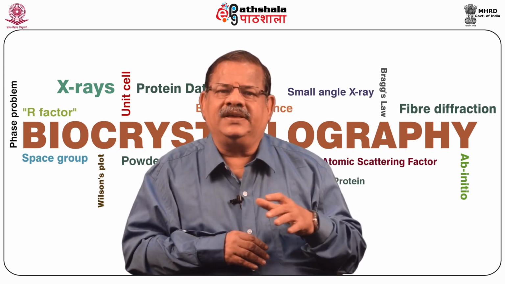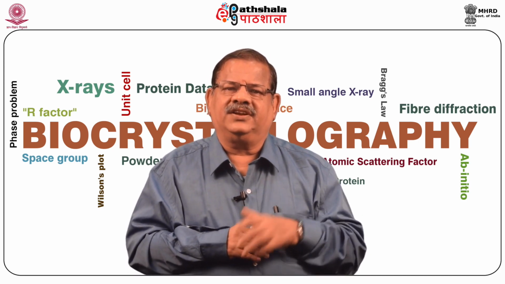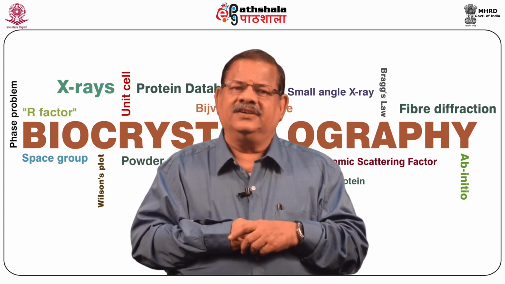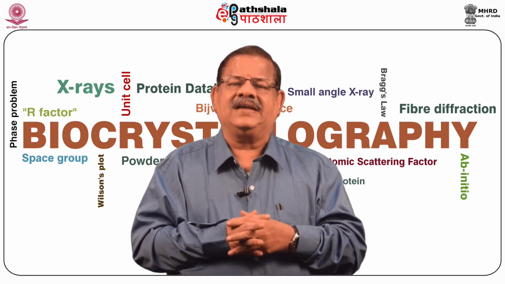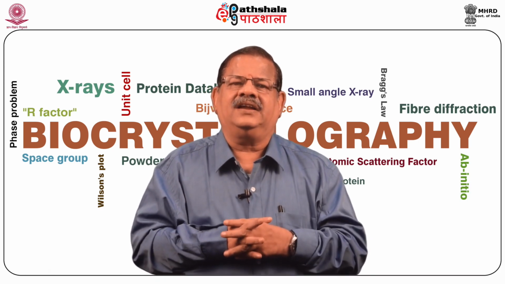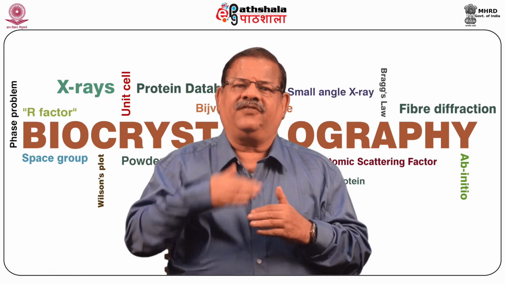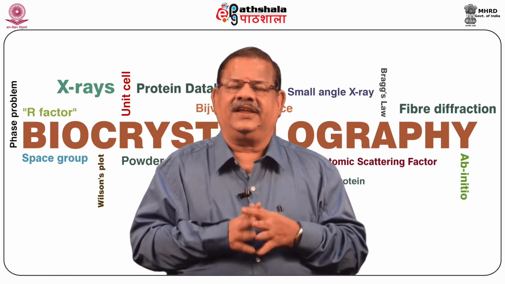Now AB is the first incident ray and BC is the diffracted ray, which is a scattered ray, and theta, the Bragg angle or the incident angle, is the angle between the first plane and the incident ray.